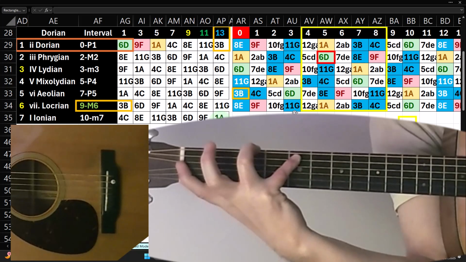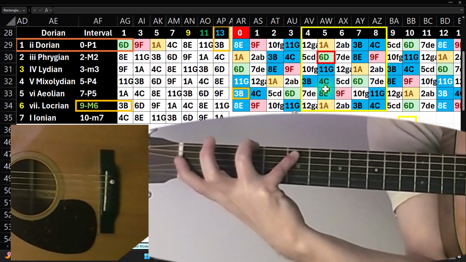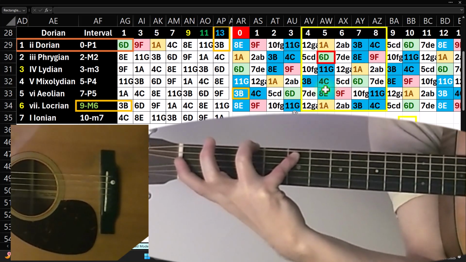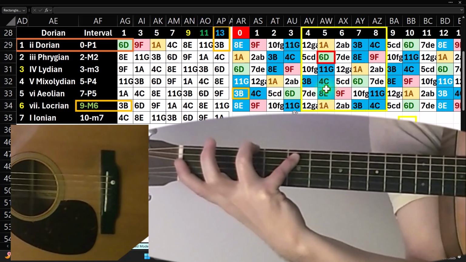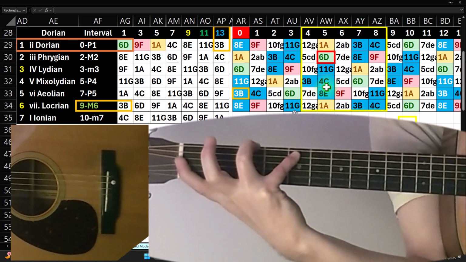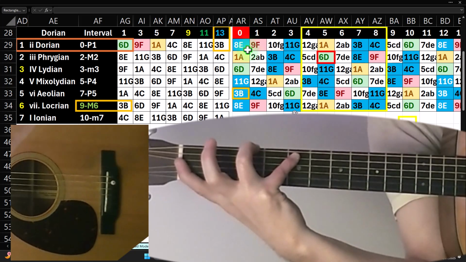So that means that if I go down 3 strings and cross the fault line, the 9-note away major 6 will be 1, 2, 3, 4, 5 frets back.